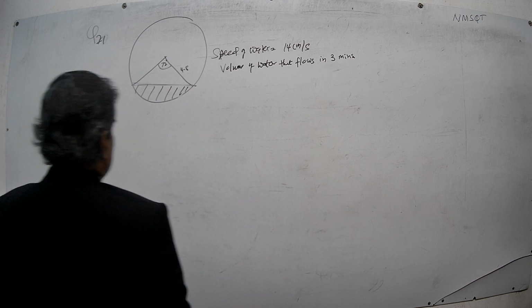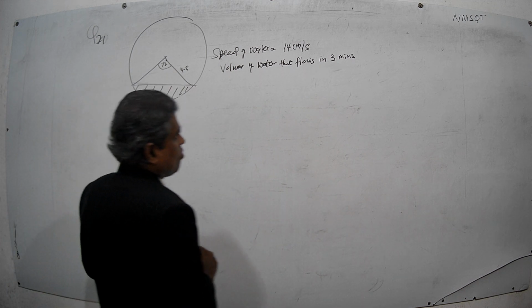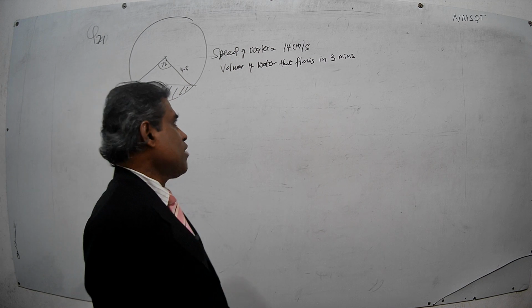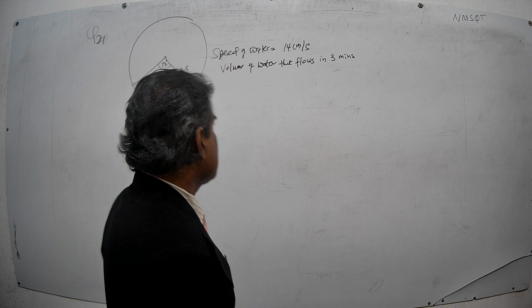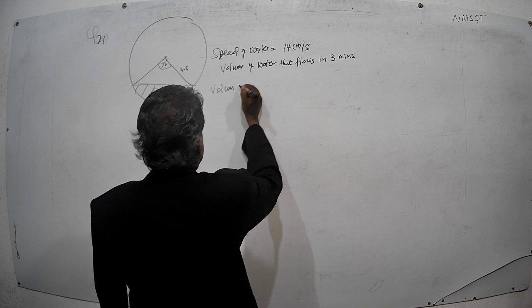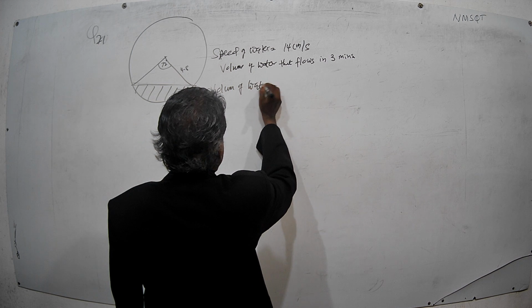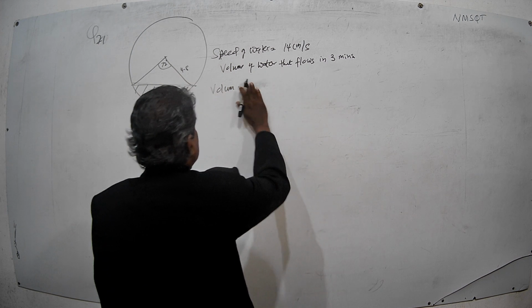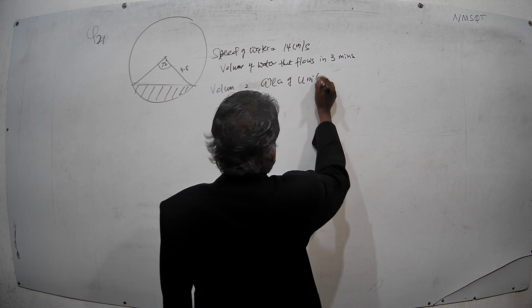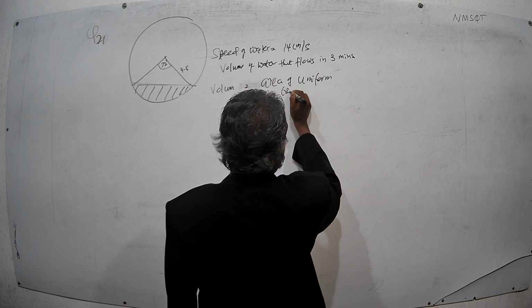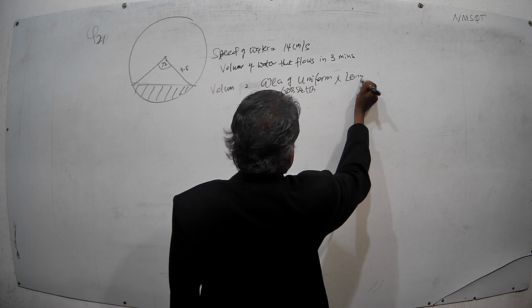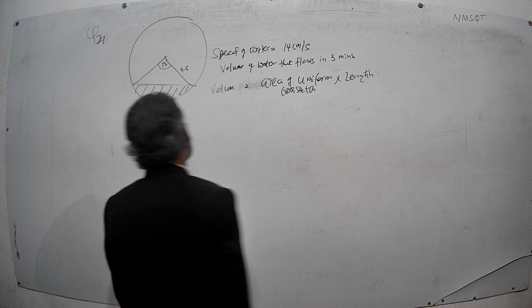Right. Now, the general formula for volume is area of the uniform cross section into length, or length or height, right?